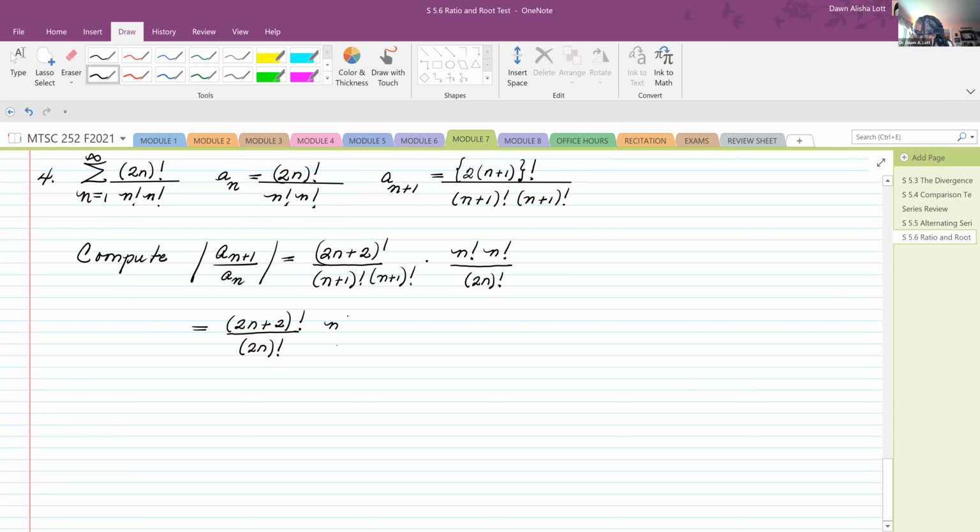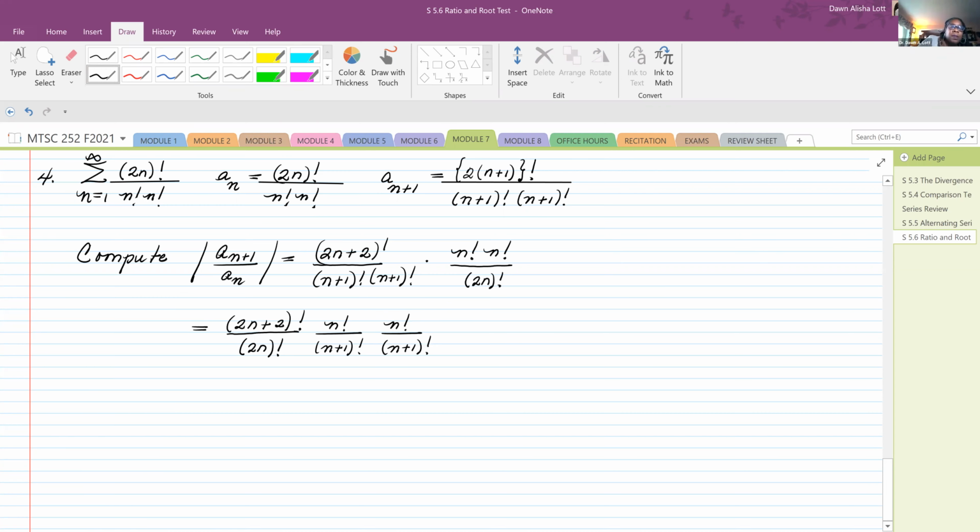I'm going to put it over one of the (n+1) factorials. And then I have n factorial, and I'm going to put it over (n+1) factorial.